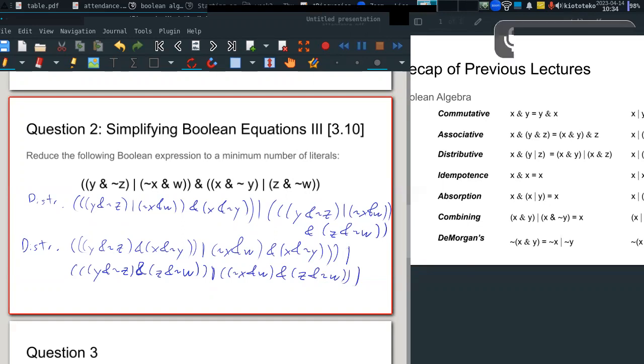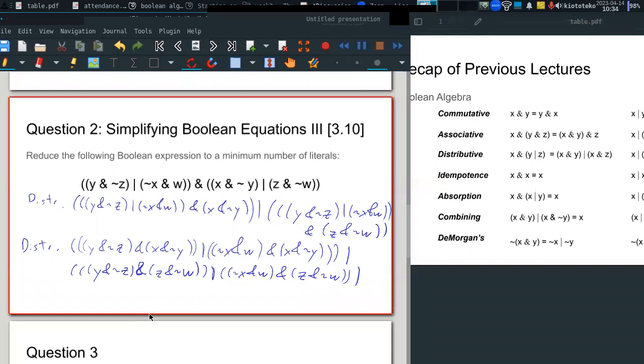I guess, can we do something to eliminate parentheses? Let me just see. Usually you can see that all these terms are separated by the same operator, no?